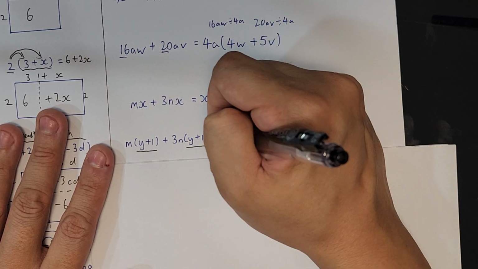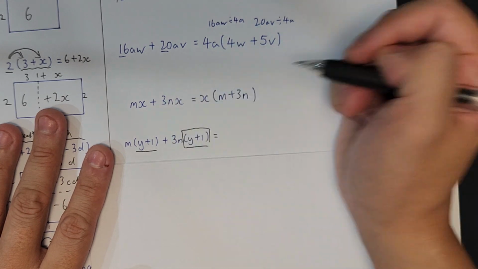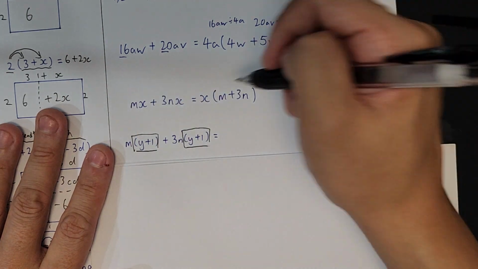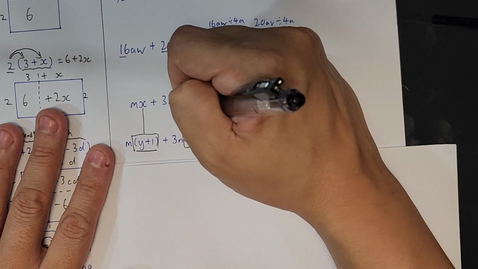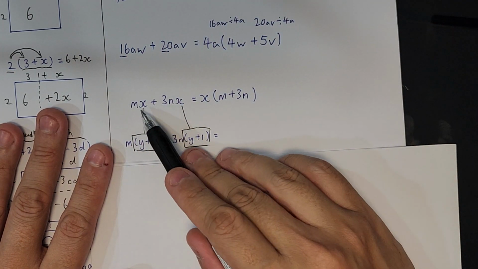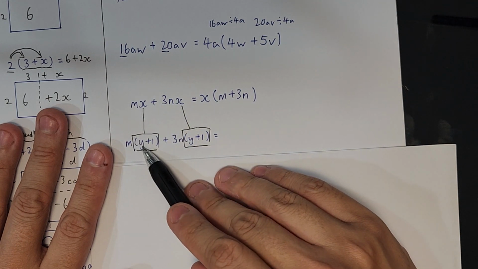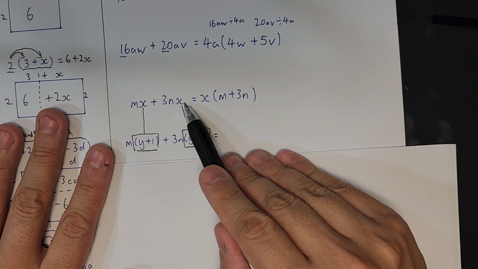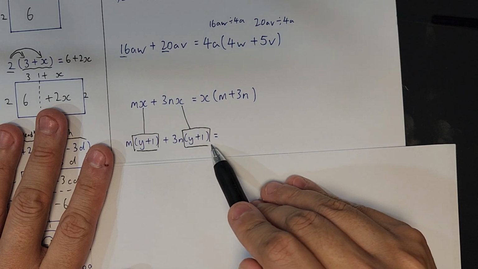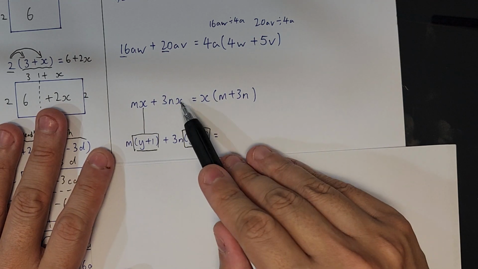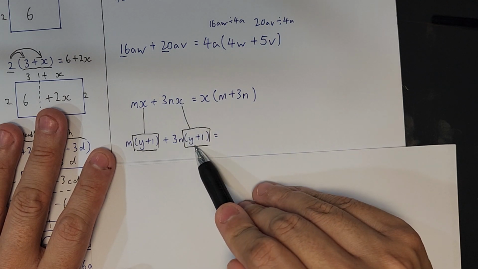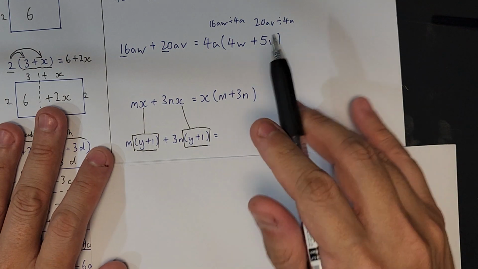Now what you can do is imagine or look at this y plus 1 as the same as the x. So instead of mx, it is m and then this whole bracket, y plus 1. In 3nx, instead of x, it is y plus 1. So my x basically changed to y plus 1. So this bracket is the common factor.